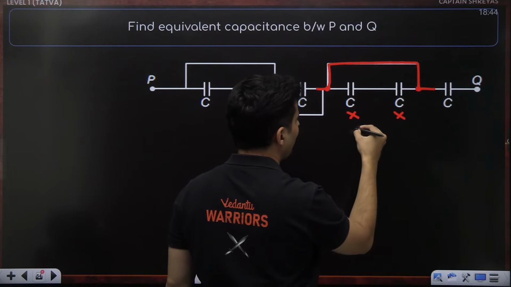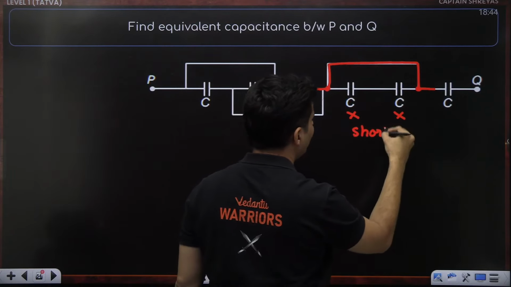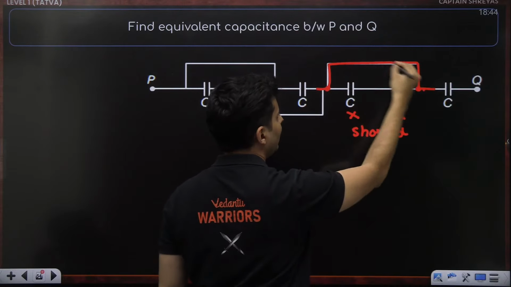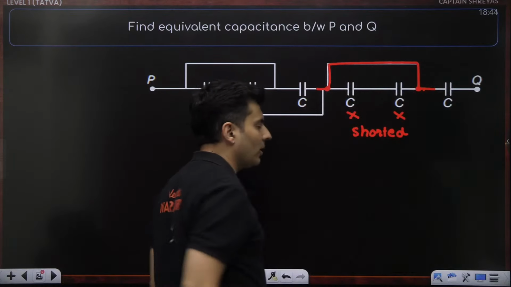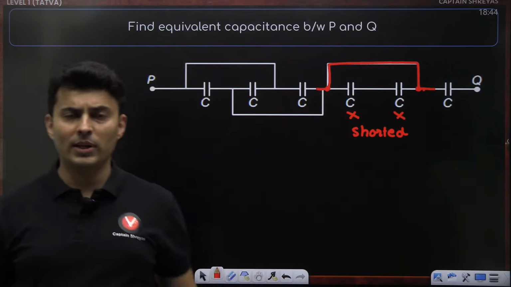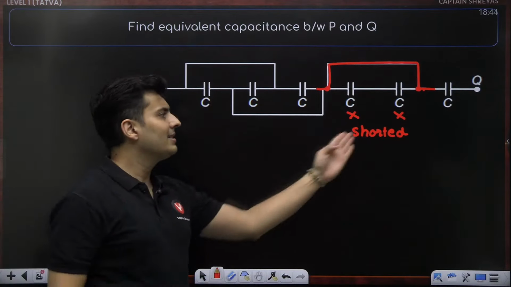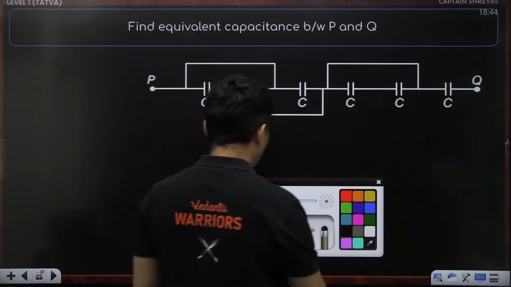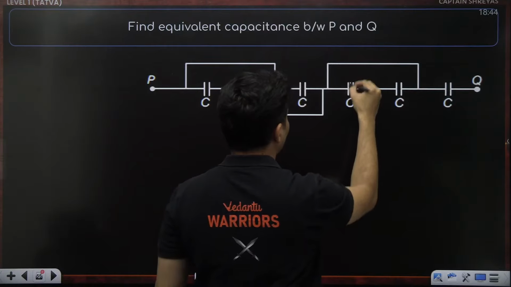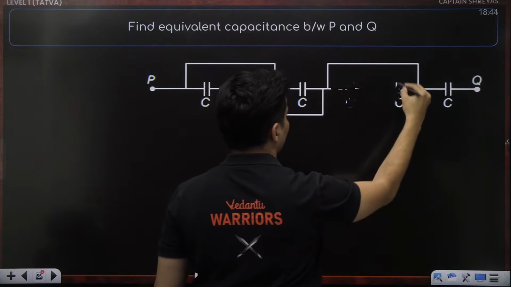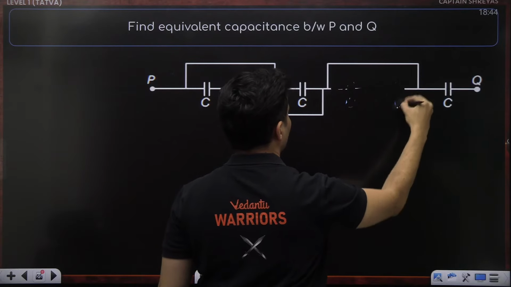Nothing. In fact, these two capacitors are said to be shorted. Short means you take 2 points and connect them with a wire. That is called shorting. Shorting means connecting 2 points with the same potential by a wire. So these are useless, which means I can redraw this particular diagram to be this one. There is no use of this.